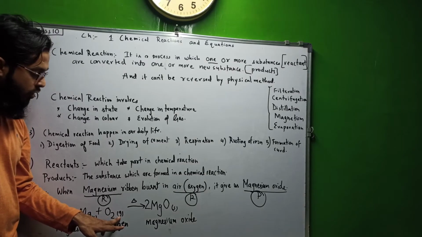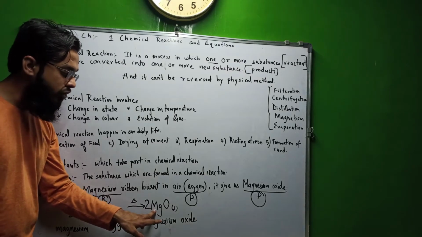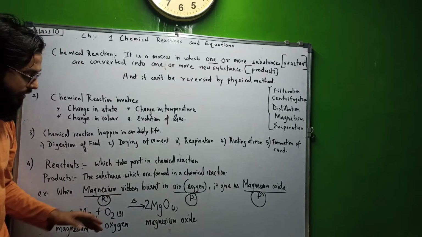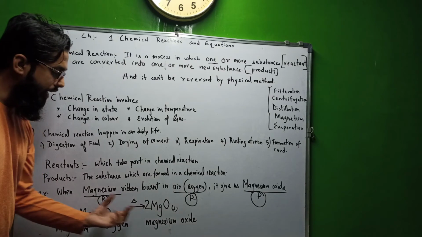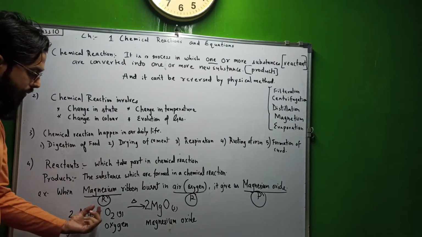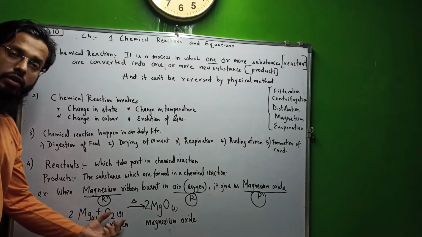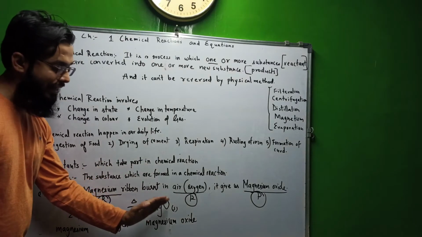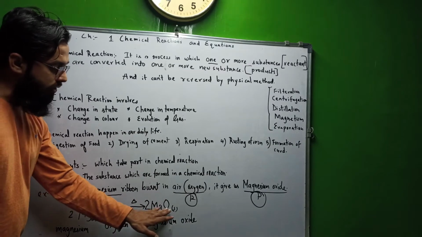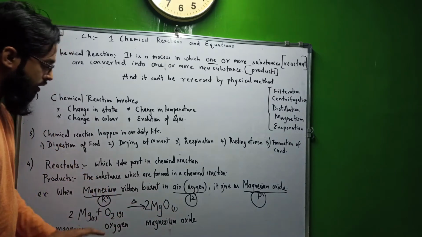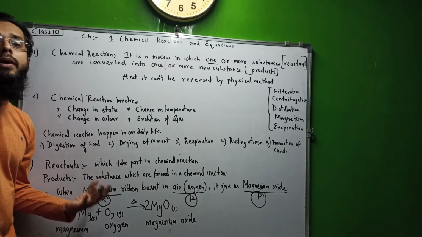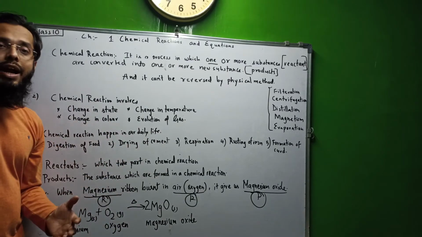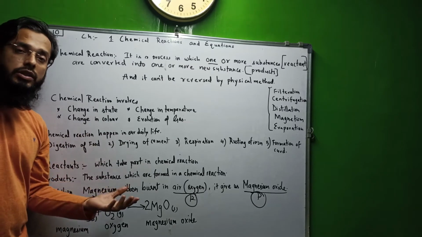Oxygen is a gas, so g, and the compound magnesium oxide formed is solid. So here a chemical reaction is depicted in terms of symbols: Mg plus O2. These are reactants. Reactants are written on the left-hand side, and on the right-hand side there is a product, magnesium oxide, and it is a solid. And this reaction is actually an exothermic reaction, which we are going to talk about in the later part of the chapter: what are exothermic reactions, what are endothermic reactions.